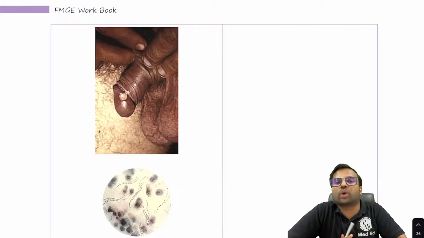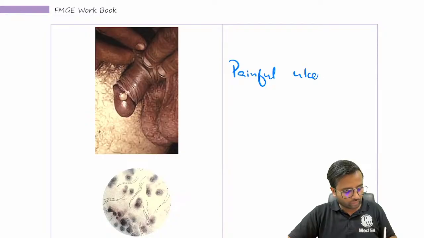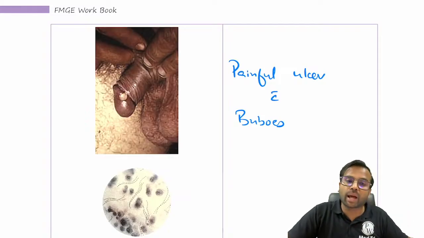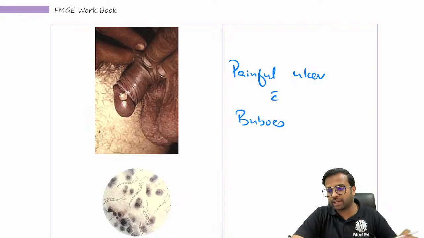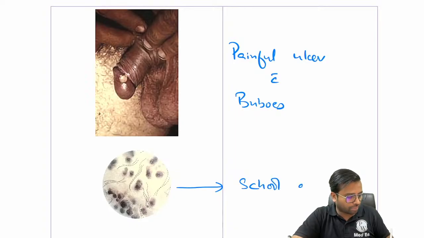And how about this one? If you get a patient having a painful ulcer along with buboes, and you can see that this is the finding in a gram staining, some very peculiar arrangement, which can be compared to a school of fish appearance.